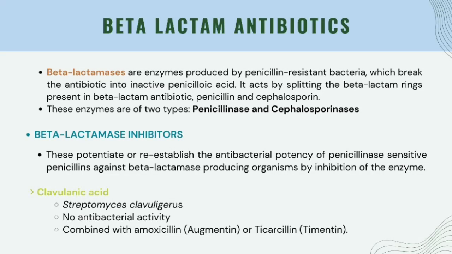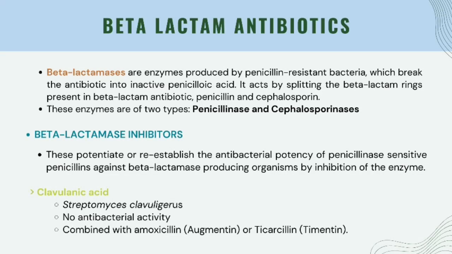Beta-lactamase inhibitors potentiate or reestablish the antibacterial potency of penicillinase-sensitive penicillins against beta-lactamase-producing organisms by inhibition of the enzyme. These inhibitors are structurally similar to penicillin and act as a substitute for penicillinase or beta-lactamase, causing inhibition of the enzyme. These are clavulanic acid, sulbactam, and tazobactam.